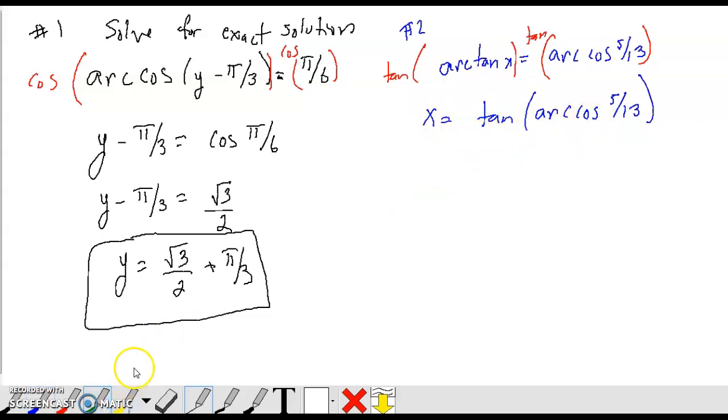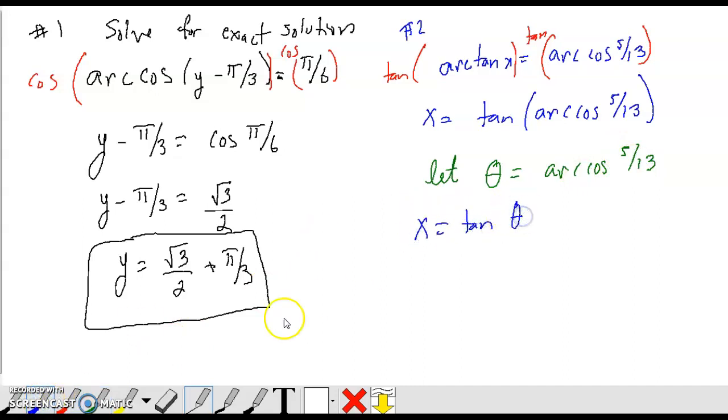So what did we do? We said let theta equal the arc cosine of 5 over 13. So in reality, what we have is x is equal to tangent of theta. Let me write theta in green, color coordinated. So essentially what I need to do is figure out what this is.